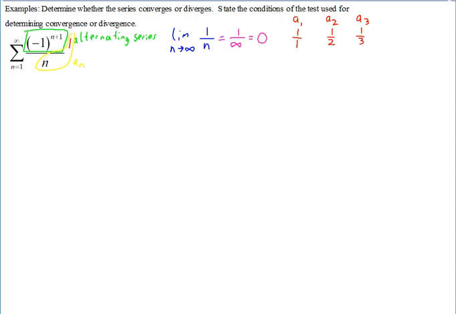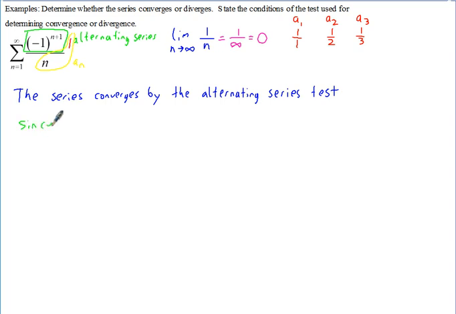So you could say this series converges by the alternating series test, since our limit as n approaches infinity of 1 over n does in fact equal 0, and we can write it in general terms here, a sub n is always greater than a sub n plus 1 for all n.